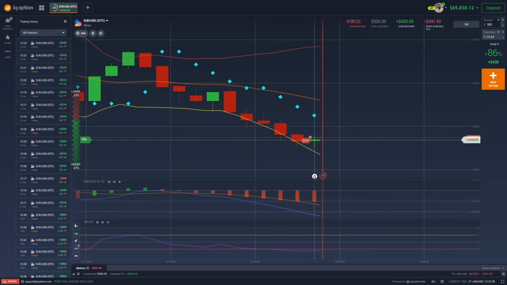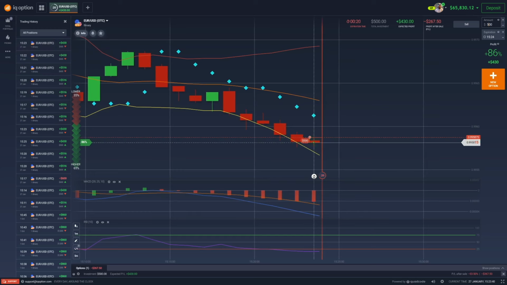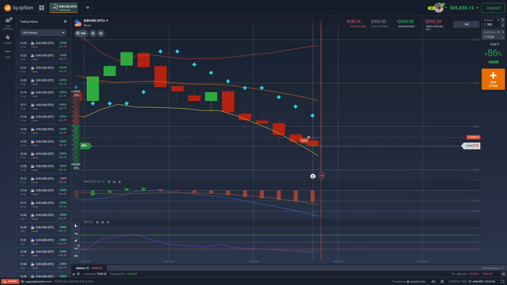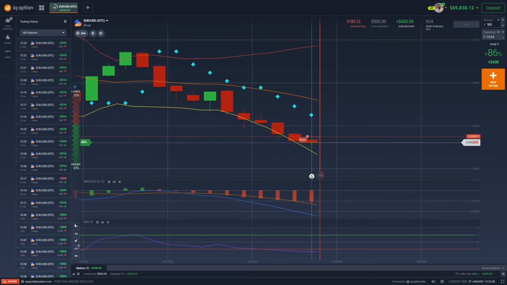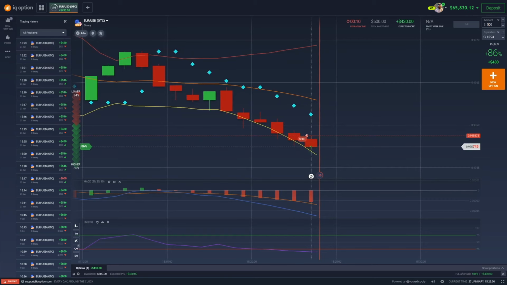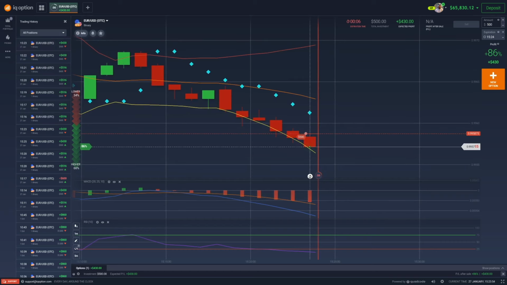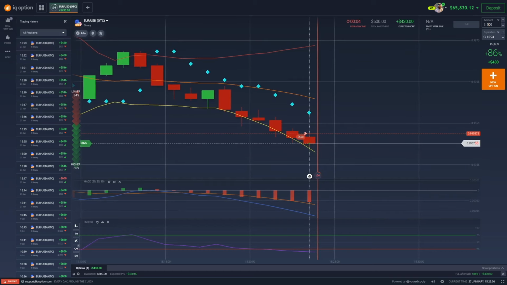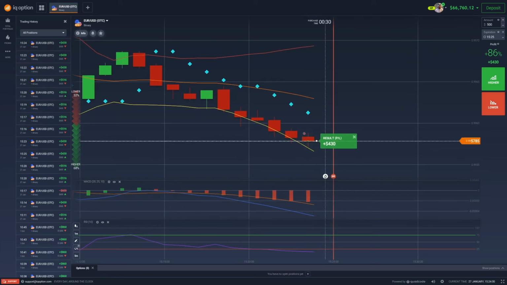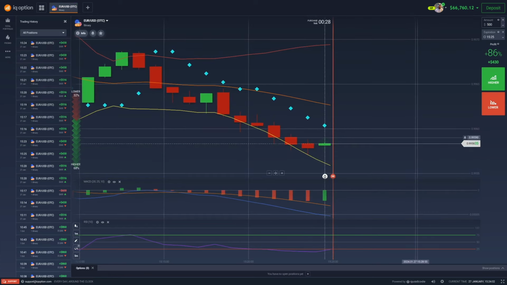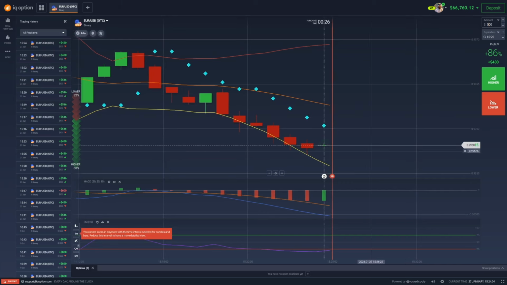So familiarize yourself with key market structures like support lines, resistance lines, trend lines, and different chart patterns. This will help you understand the behavior of the market. I'm not saying that with these basic lines you will take perfect trades, but great. I hope that you understand the point, guys.